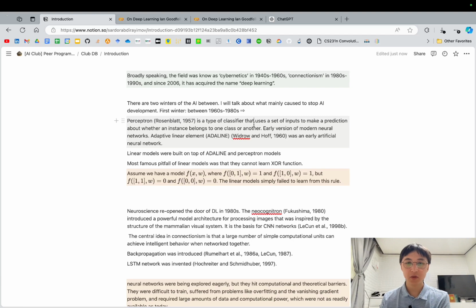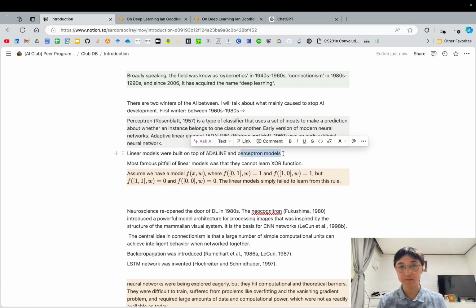Then there was another model, the adaptive linear element, ADALINE, created by Widrow and Hoff in the 1960s. It was also an early artificial neural network, an early architecture of modern neural networks. So the important models are ADALINE and the perceptron, and linear models were built on top of them.